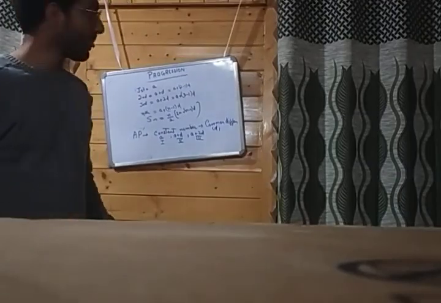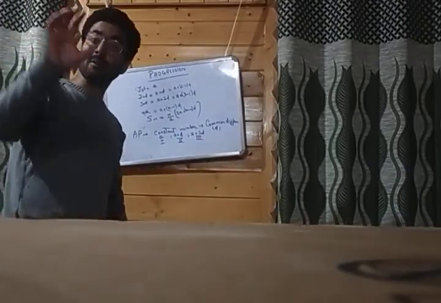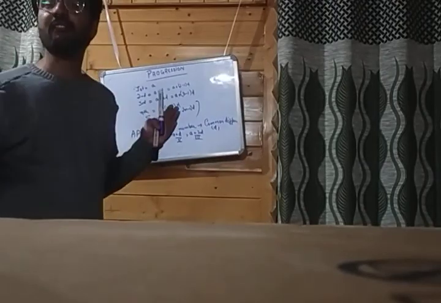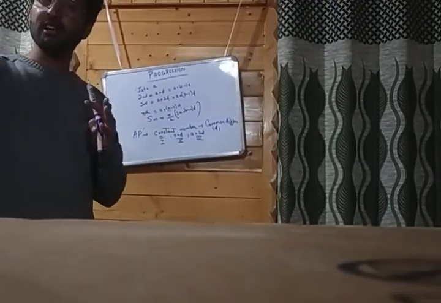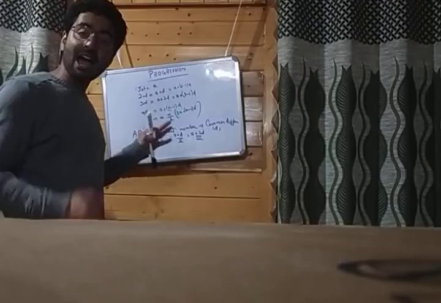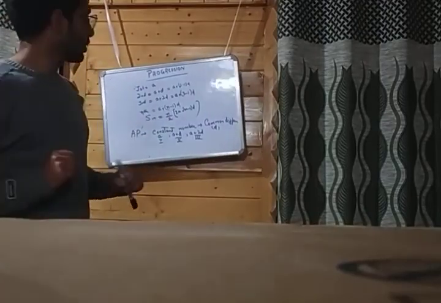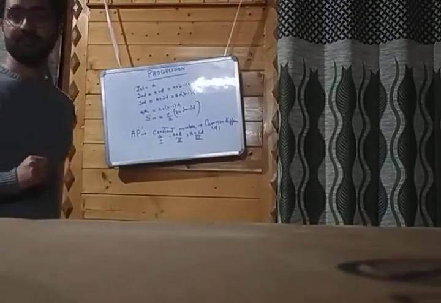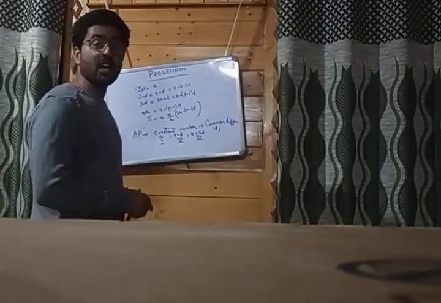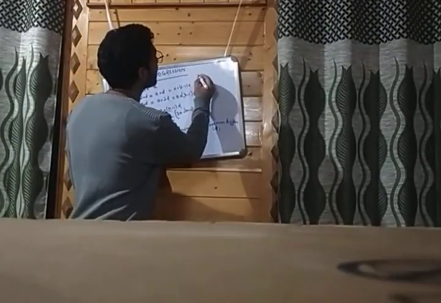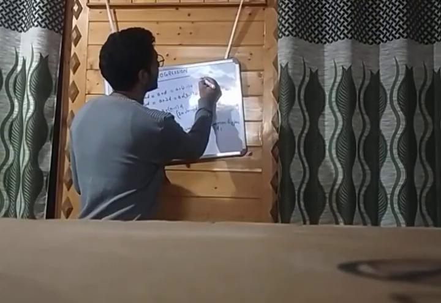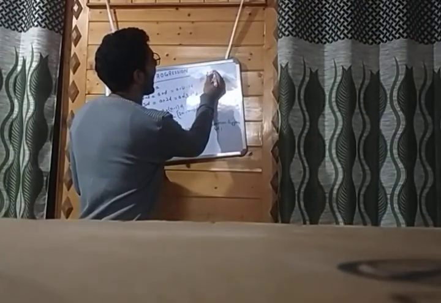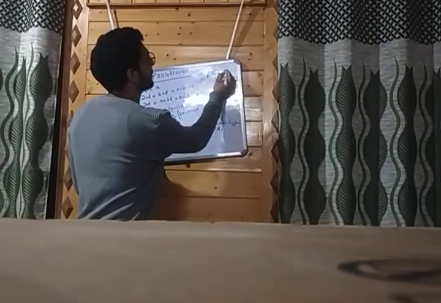You get it? So a progression has a common difference, a first term, and a last term. Some may not have a last term; they have infinite terms, and others have finite terms. These are finite terms, and this is their sum. Likewise, we can even sum the first n natural numbers.